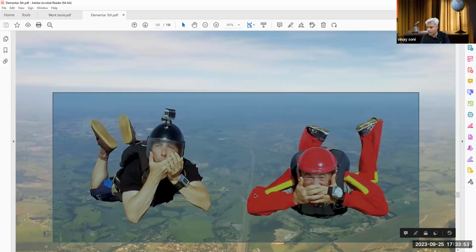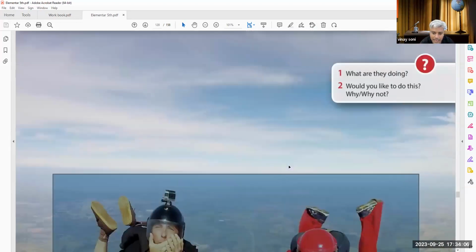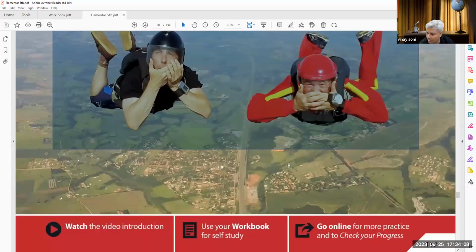What are they doing? They are floating in the air, right? Exactly. They have just jumped off an aeroplane or a helicopter or something, right? Okay, and now they are floating.